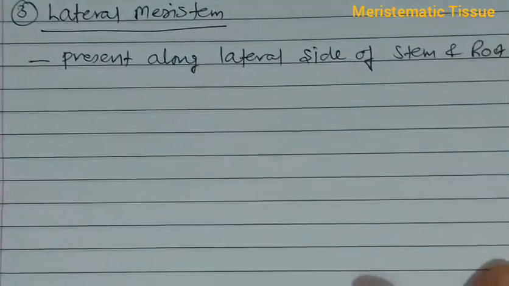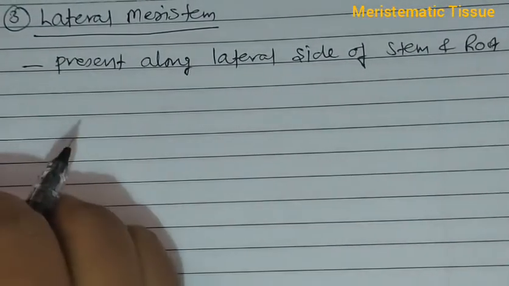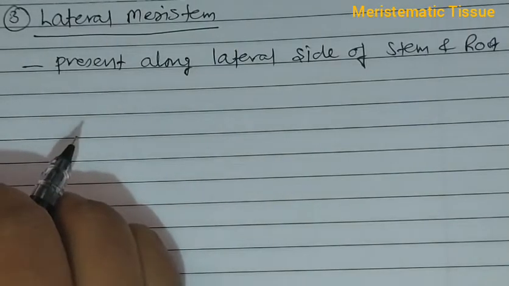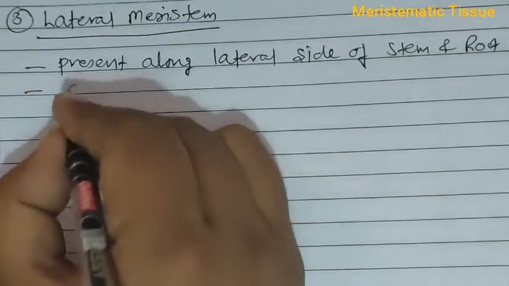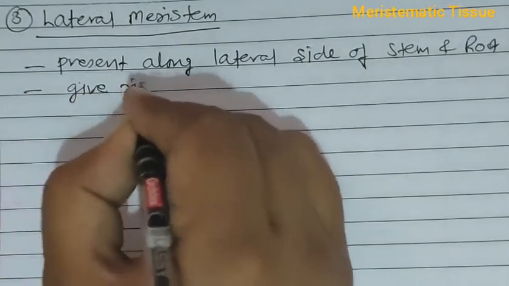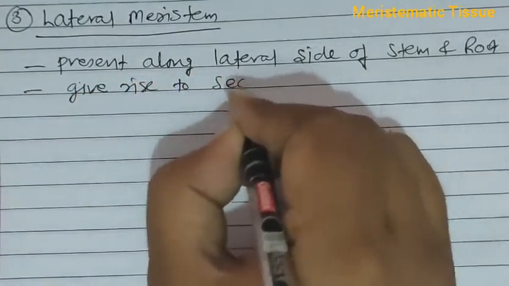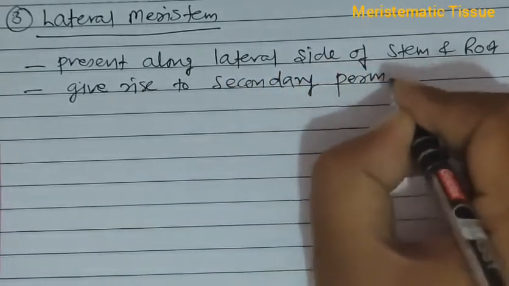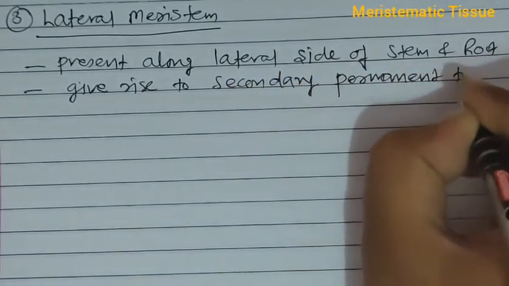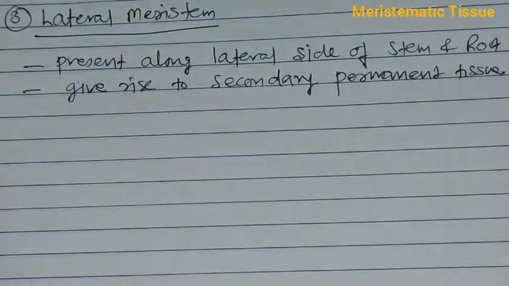They are present sidewise. Now they give rise to secondary permanent tissue.